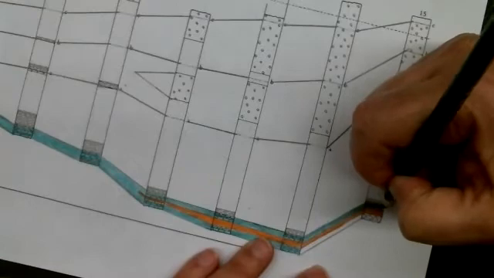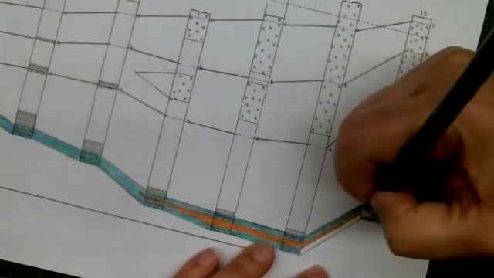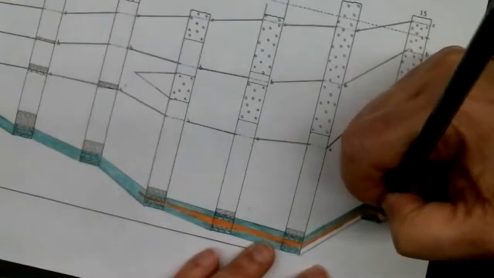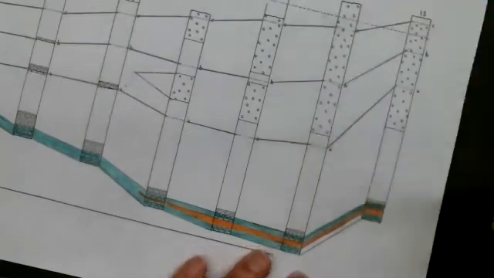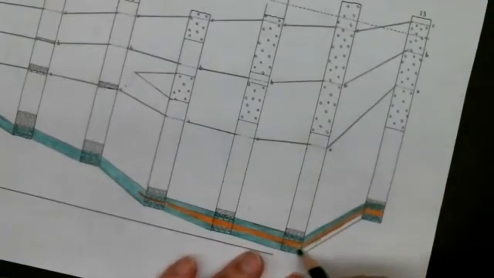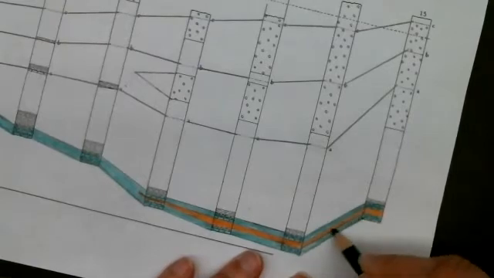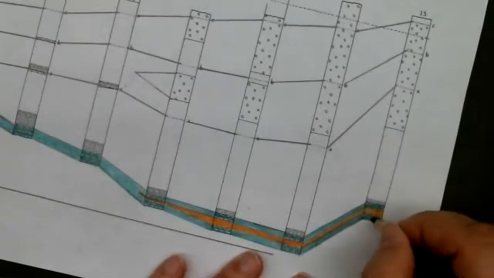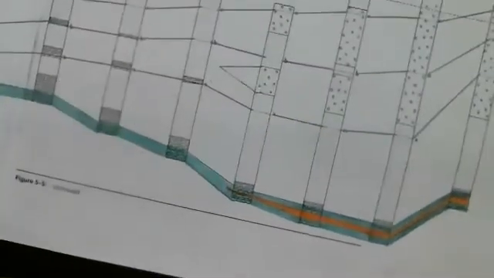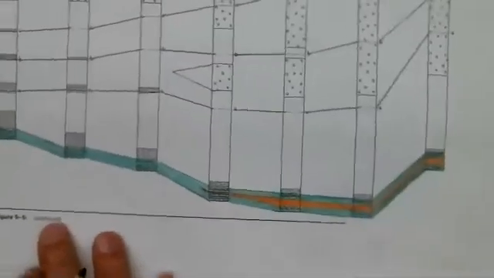Others formed, limestone forms lots of different ways. Tiny organisms that have shells, that stuff just kind of settles to the bottom of the ocean floor and accumulates over time to form limestone.